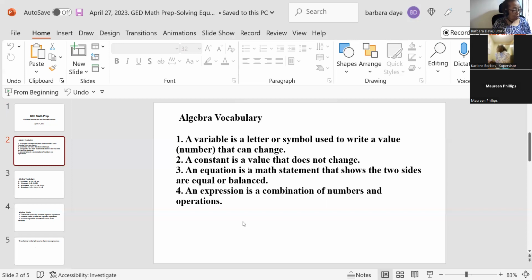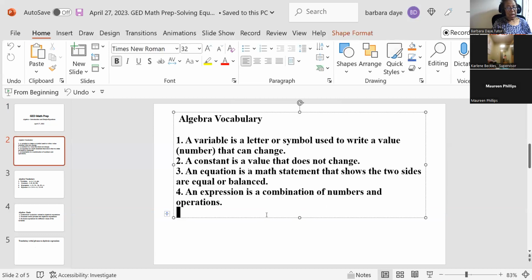And we found out what we do to one side, we must do to the other to keep it balanced, right? Now, an equation differs from an expression. Expressions don't have equal signs. So you can have expressions, but they don't have equal signs, whereas equations have equal signs.